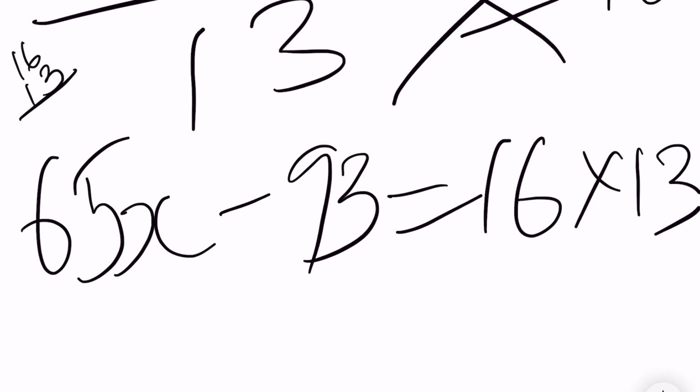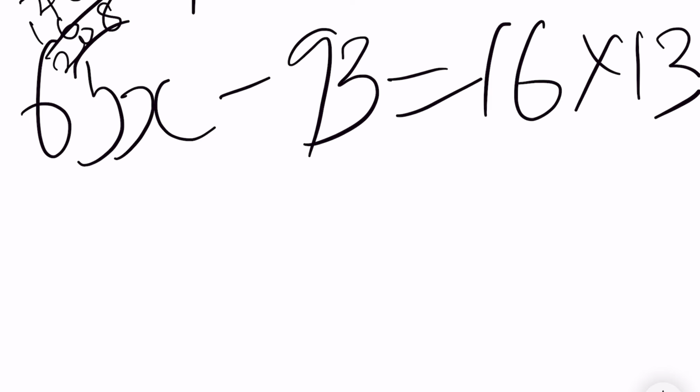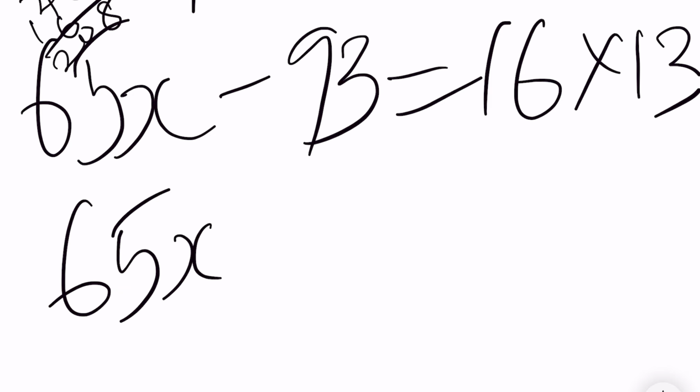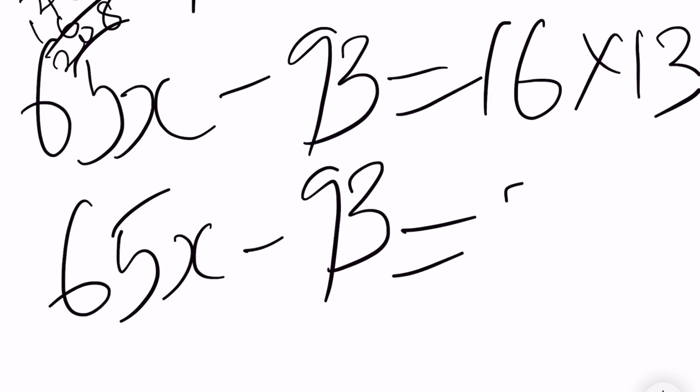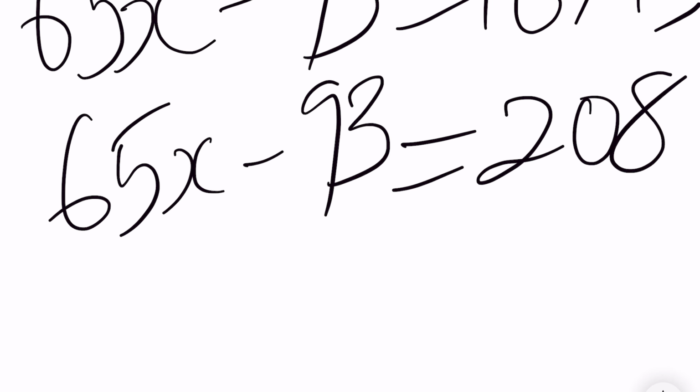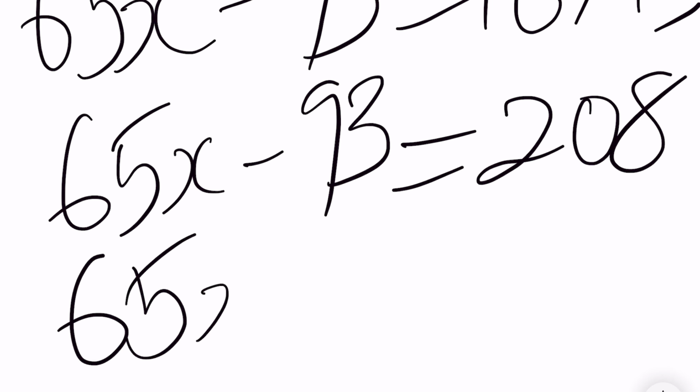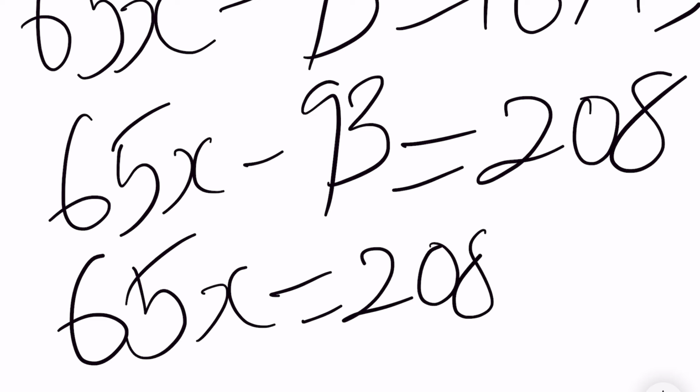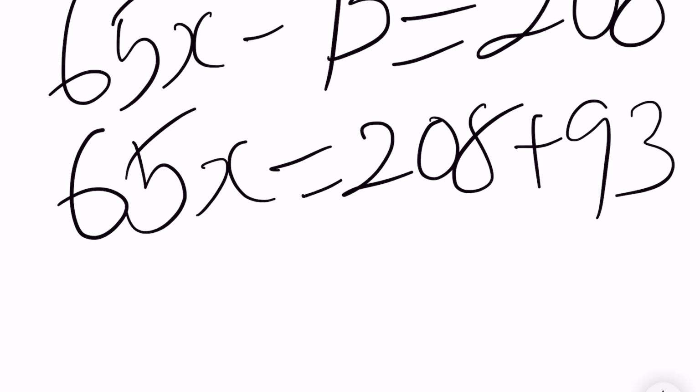So 16 times 13, this is 208. So we have 65x minus 93 equals 208. So we have 65x to be 208 plus 93.